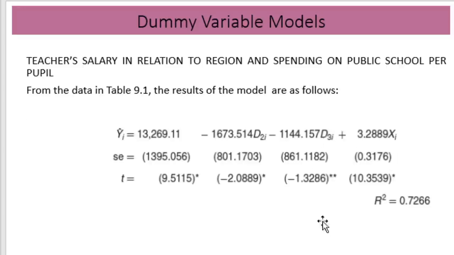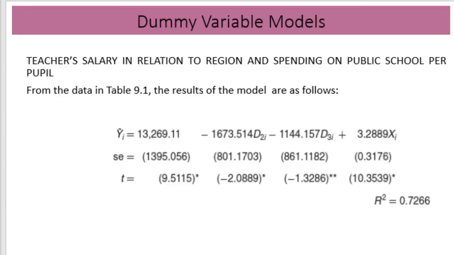This is the regression result for that ANCOVA model. Here we have one more independent variable, the public spending on education. The meaning of this model is that as the public expenditure increases by $1, the mean salary of the teacher increases by 3.29.